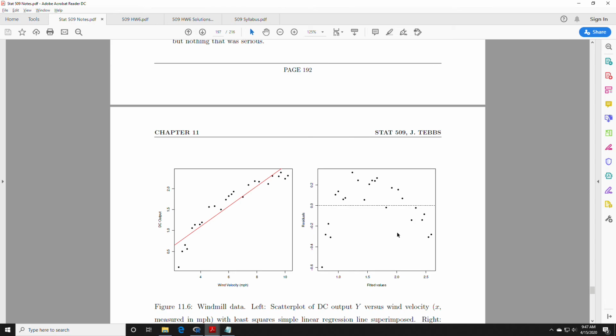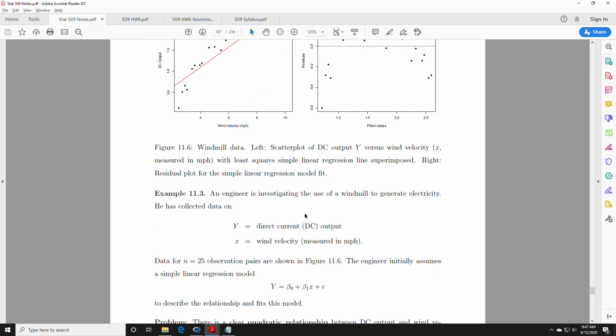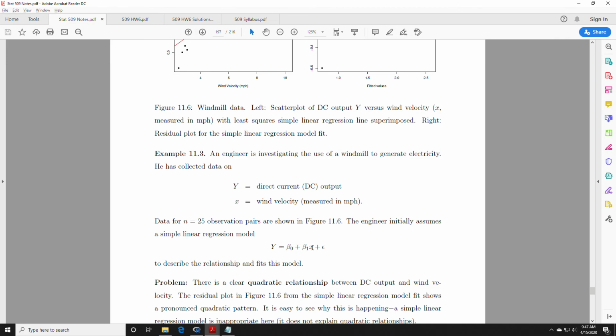This is clearly not a random scattering of points. But in this case, it's not because the observations are correlated, but because the regression function is misspecified. This data does not appear to follow a straight line, but more of a curved line. And so you can see that's what he's trying to do.